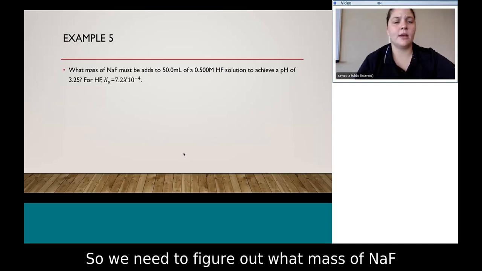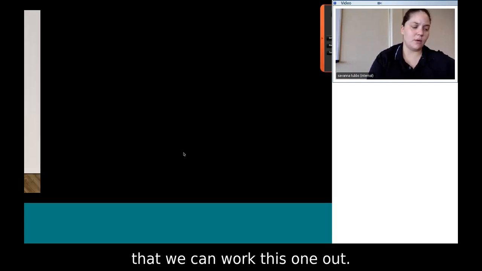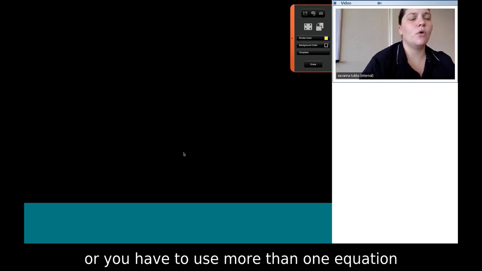So we need to figure out what mass of NaF is needed to achieve all of these parameters. Let's go to our boogie board so that we can work this one out. This is one of the more difficult problems because you have to use more than one equation to solve for it.